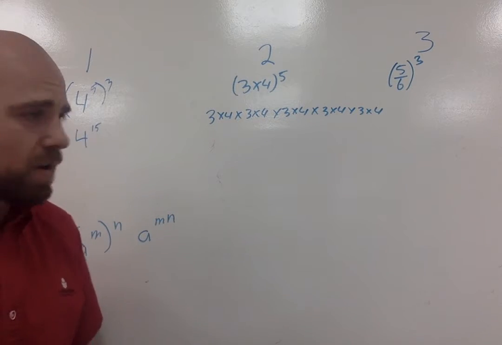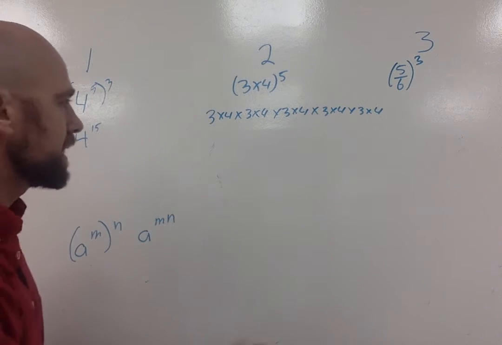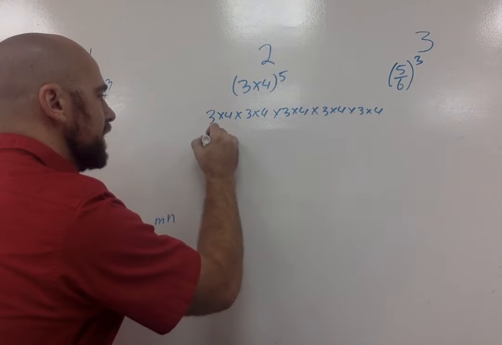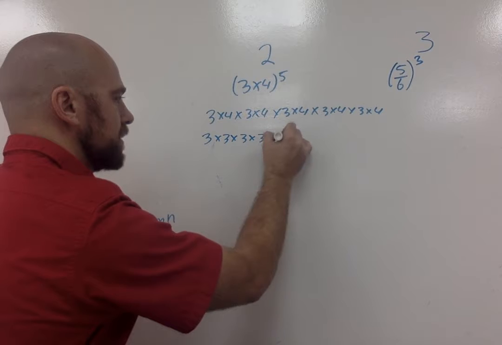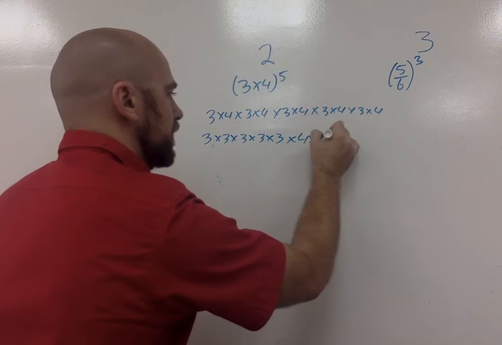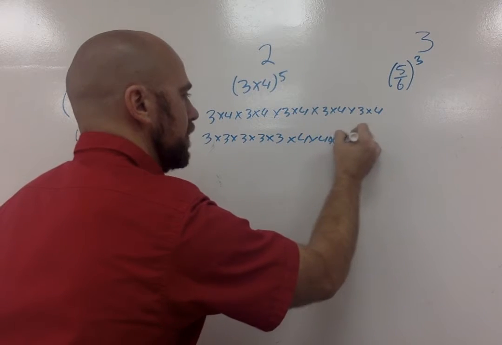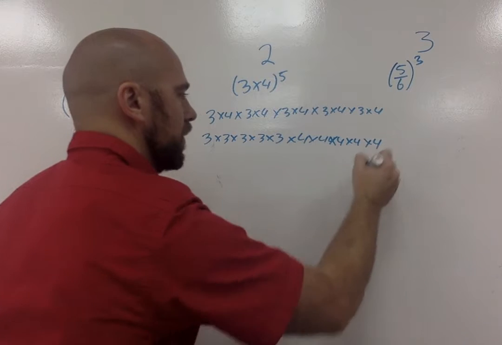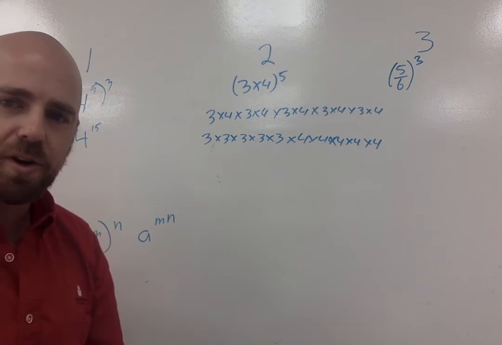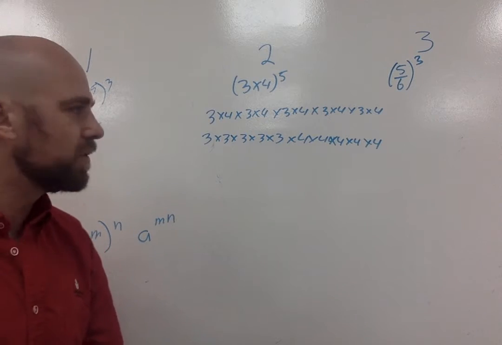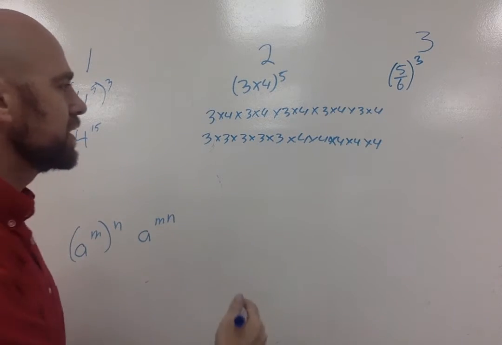So I have 3 times 4 five times. I can rewrite it and say 3 times 3 times 3 times 3 times 3 times 4 times 4 times 4 times 4 times 4, because like I said last time, when we're doing multiplication, it doesn't matter the order that you're doing it in.